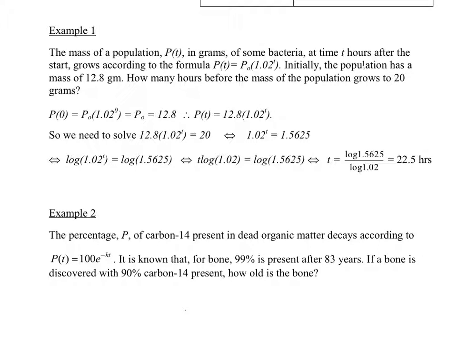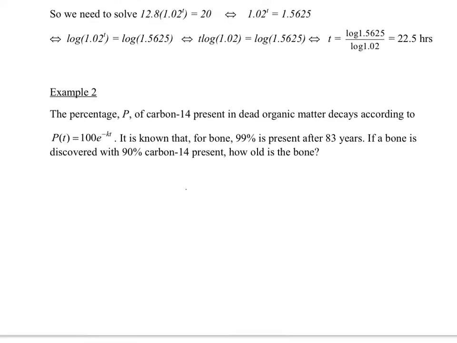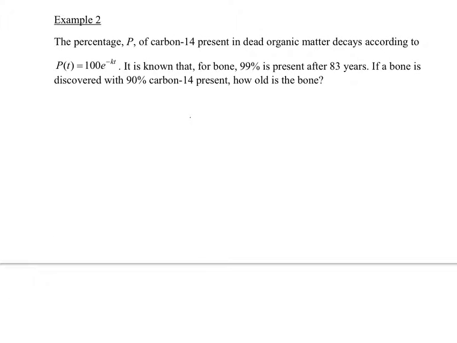Now, we also have this type of problem, right? This time it's an exponential decay type of problem. And you can tell that it's a decay problem because we've got a minus kt up here. Now in this example, it says that it's known that for bone, 99% of the carbon-14 is present after 83 years.